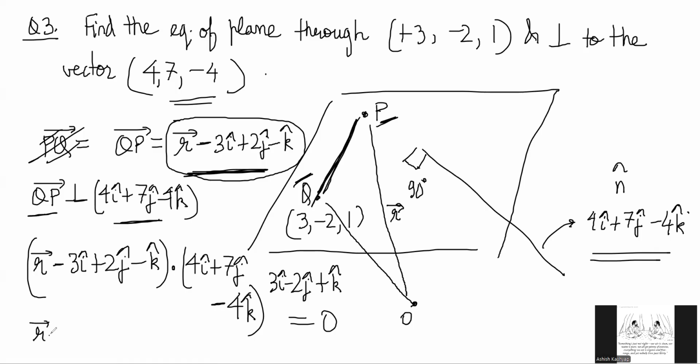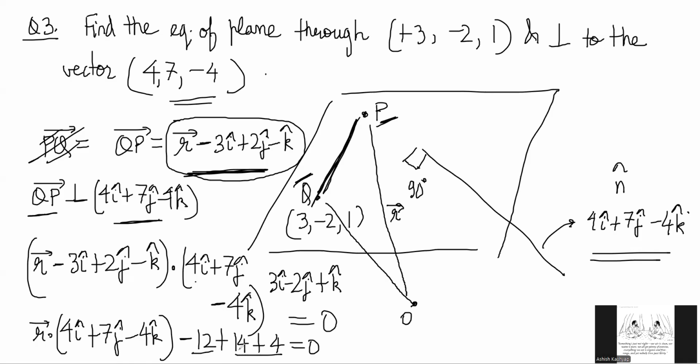I can write it as r dot (4i plus 7j minus 4k) and then minus 3i dot this will be minus 12 and nothing else, minus 2j so minus 14, and plus k so minus 4, is equal to 0. So I'm getting 18 plus 12, 6, right? So what I'm getting is r dot (4i plus 7j minus 4k) is equal to minus 6.